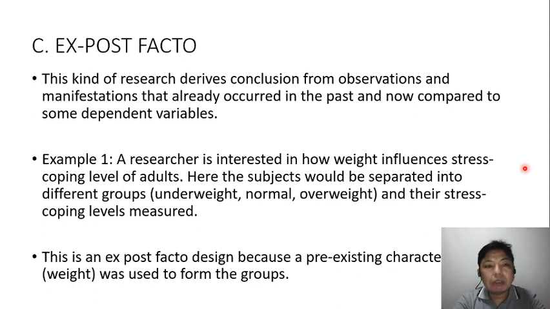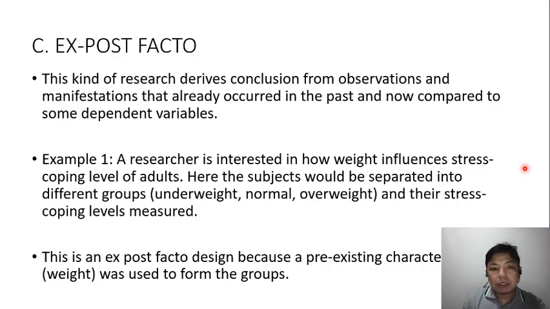Okay, the third one is what we know as ex post facto. Ex post facto is a little bit complicated. So this kind of research derives conclusion for observation and manifestations that already occurred in the past and now compared to some dependent variable. The easiest way to explain this is in ex post facto, there is supposedly a common denominator for your respondent. Okay? So, an example is a researcher is interested in how weight influences stress coping levels of adults.